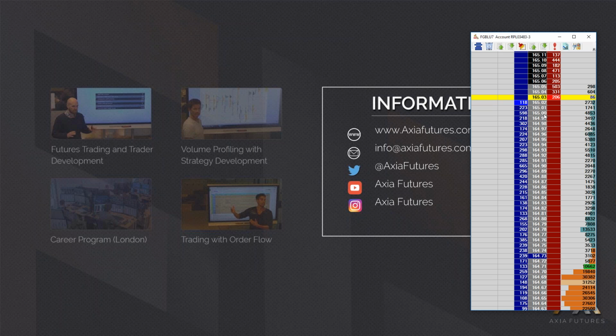We actually have one phenomenal trader who doesn't even have price. He just has the sell side and the buy side. He has the sell orders and the buy orders of the market, and he does not have this middle column here, so he doesn't have a price at all. That's one extreme, and all he's looking at is certain types of order flow patterns, and that's how he trades and executes.